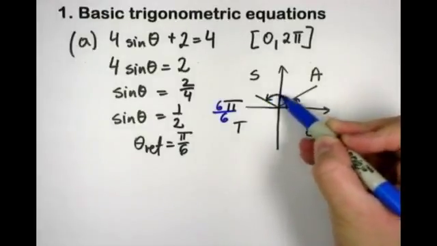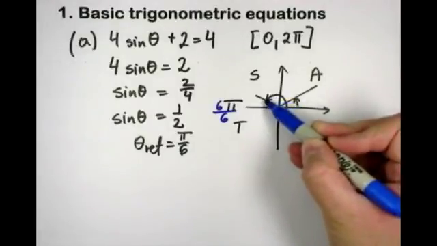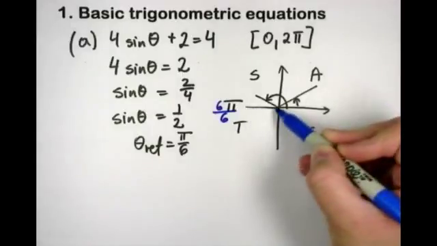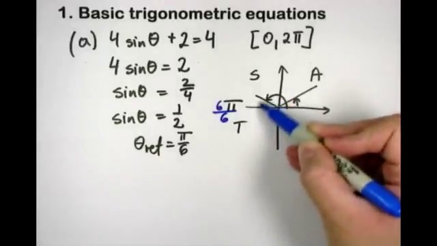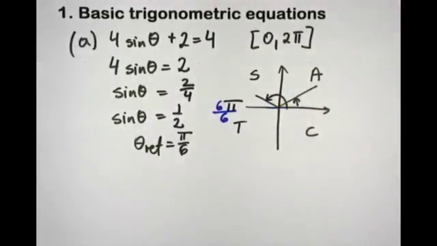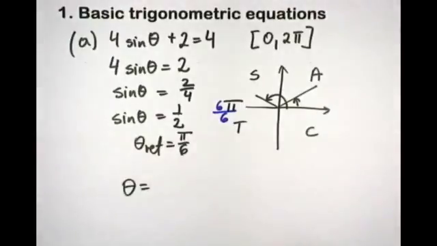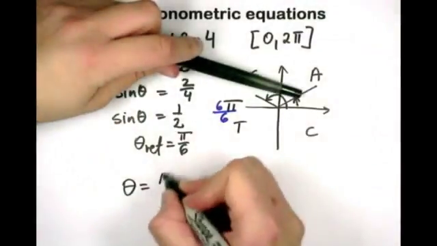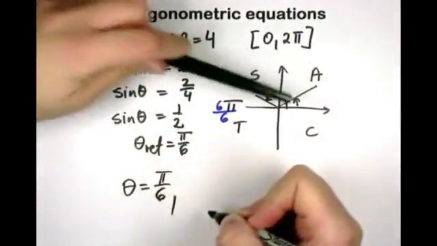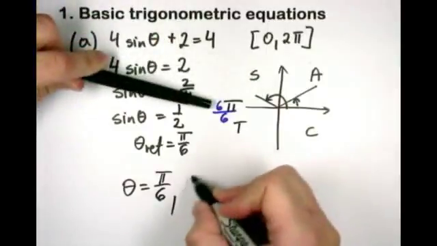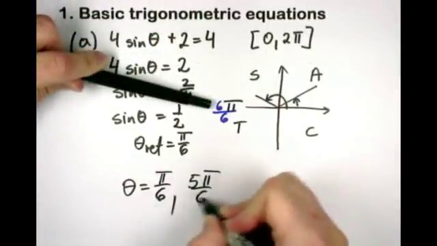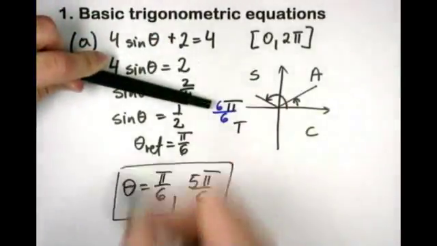So what's the measure of this angle? 6 sixths would be pi, and now I'm short of the reference angle, which is 1/6. So this angle is 5/6. So my theta is my reference angle, pi over 6, and the second angle, 5 pi over 6. And that's my solution.